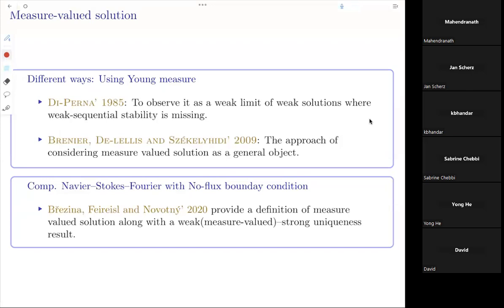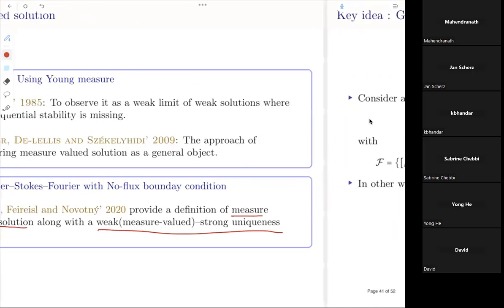So for compressible Navier Stokes Fourier, for no flux boundary condition, there is a result by Březina, Feireisl, and Novotný. They provide a definition of a measure valued solution, and then came up with a weak measure valued strong uniqueness result also. And the last thing is just to verify that what they give as a definition is somehow compatible with this kind of ballistic energy formulation or not.